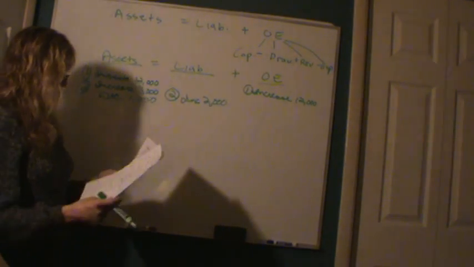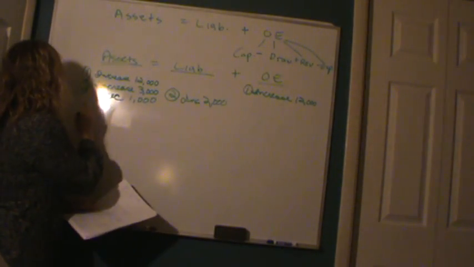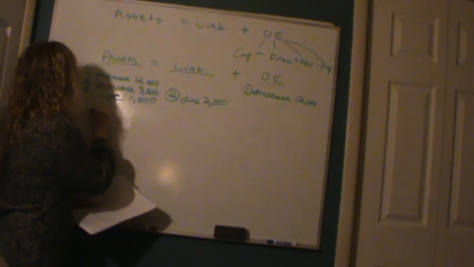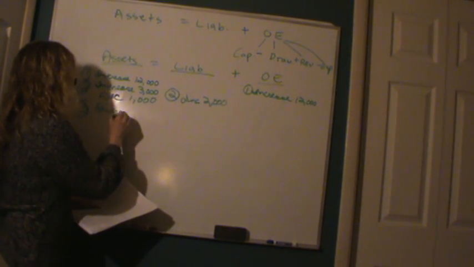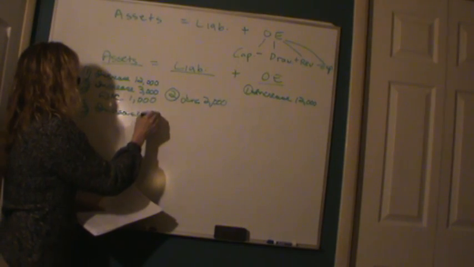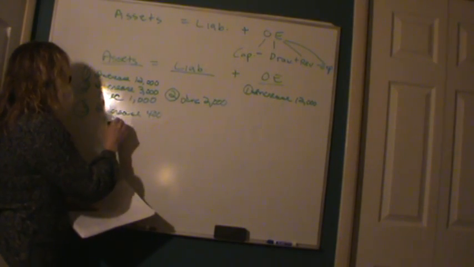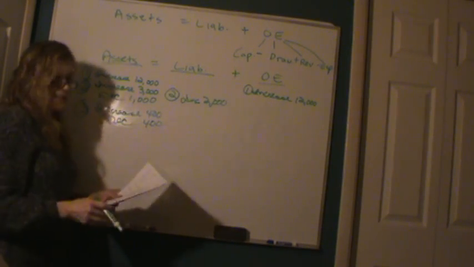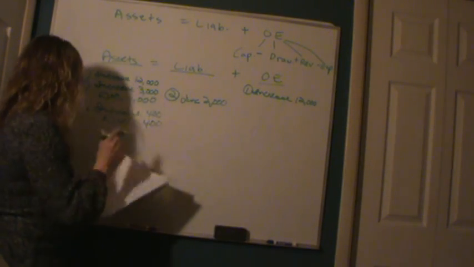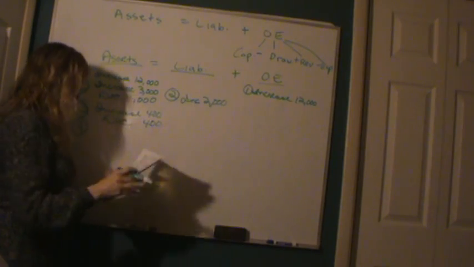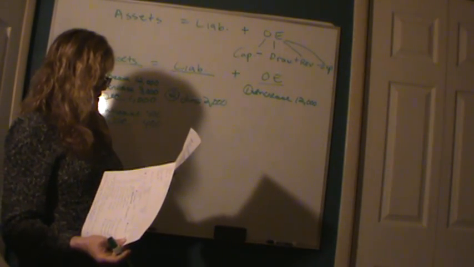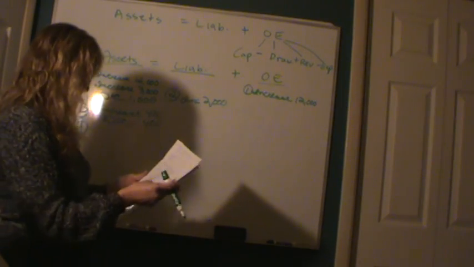Next item, purchase supplies for $400. Supplies are an asset account. It's going to increase because we've got supplies. That increases our asset accounts by $400, and we use cash to buy it, so that's going to decrease our asset accounts by $400. The next thing we do, we perform services of $10,000 and we bill customers on account.